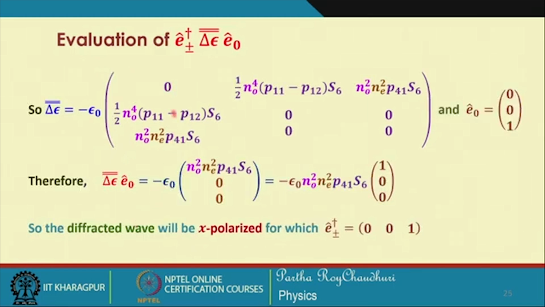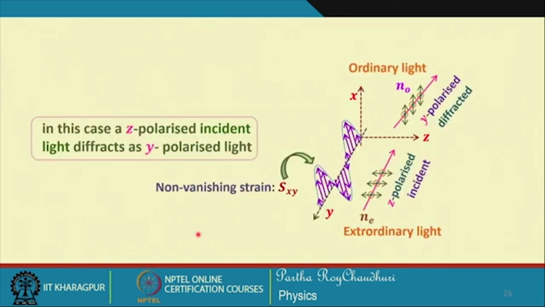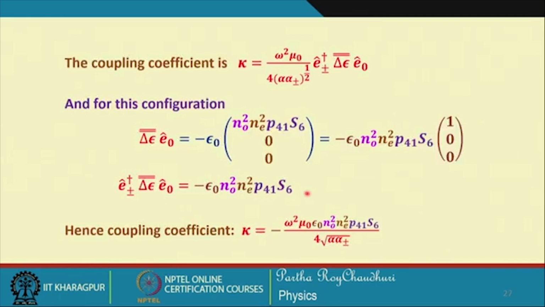So, you can see that this is a clear case of large Bragg angle diffraction, where the optical beam undergoes a coupling from the incident to the diffracted beam, from E polarization to O polarization, that is, extraordinary light becomes ordinary light through this coupling. And also the coupling coefficient is given by this.